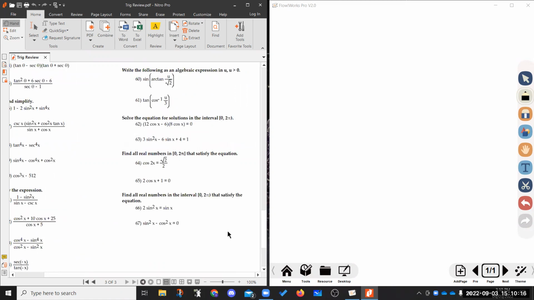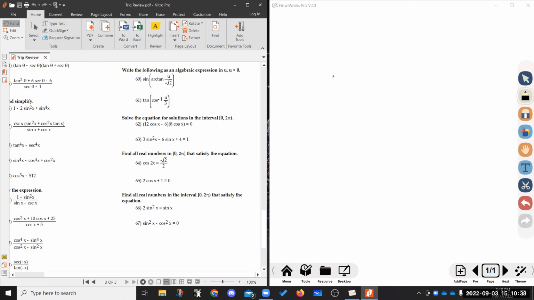You're also going to need to know some about the repetition, the cycles of sine and cosine and tangent and things like that, to write some generic solutions in terms of either k or n, however your teacher tells you to do it.